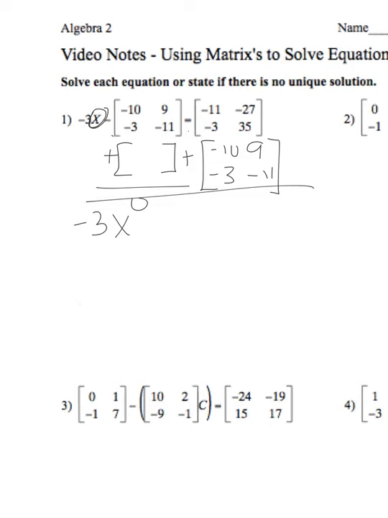That's not just one number, that's a matrix of numbers. Equals, okay, over here I'm going to add it up. So I've got a negative 11 plus a negative 10, so negative 21. Here I've got a negative 27 plus a 9, so negative 18. Negative 3 plus a negative 3, so negative 6. And 35 plus negative 11, so 24.